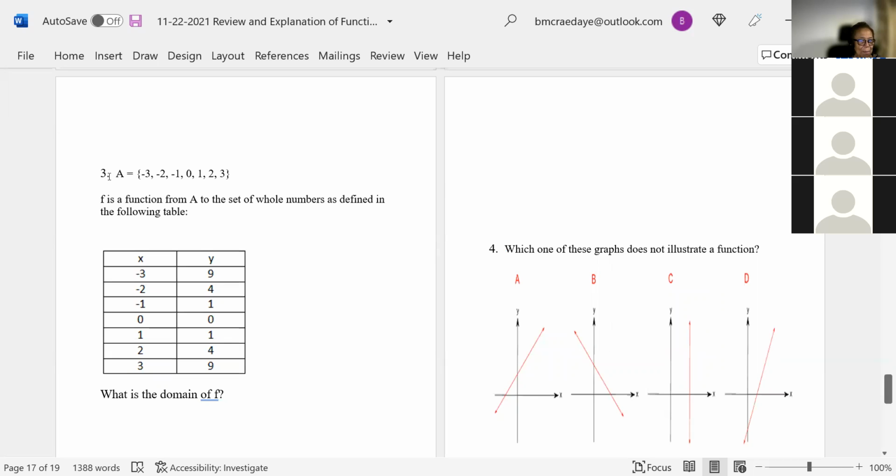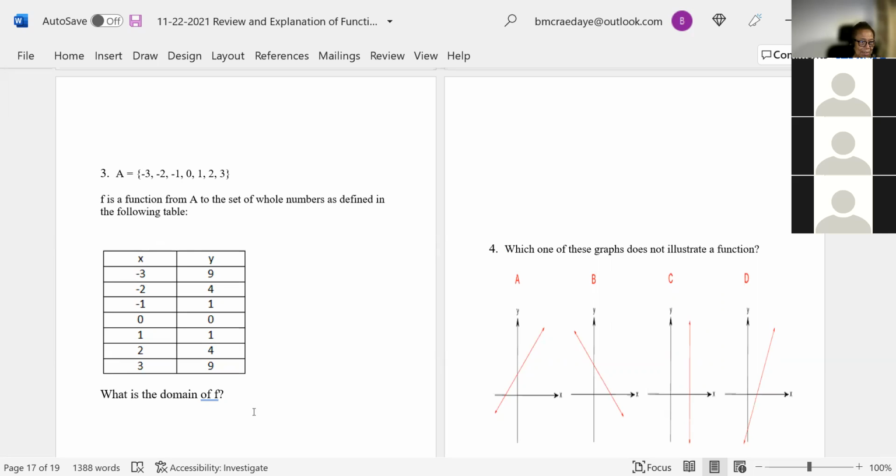Look at this number 3. The function F is a function from A to the set of whole numbers as defined in the table. All right. What is the domain of F?